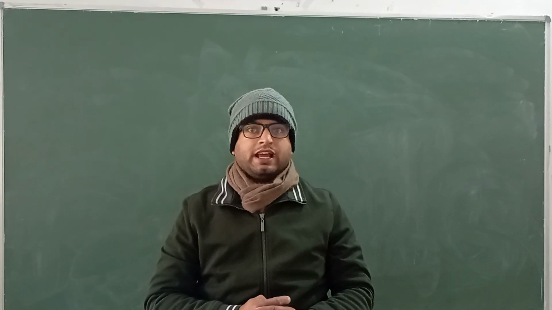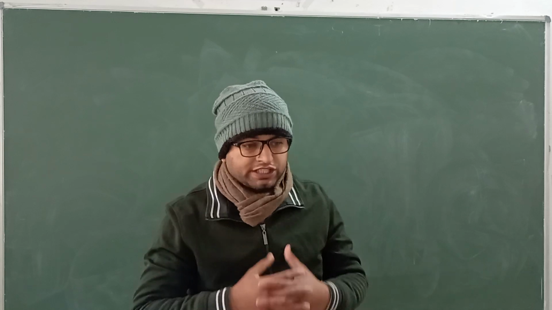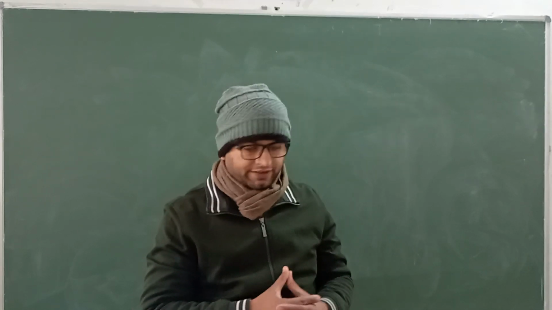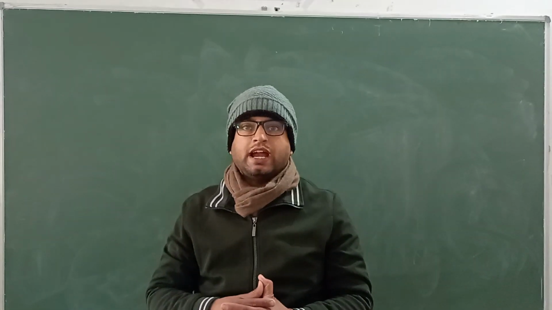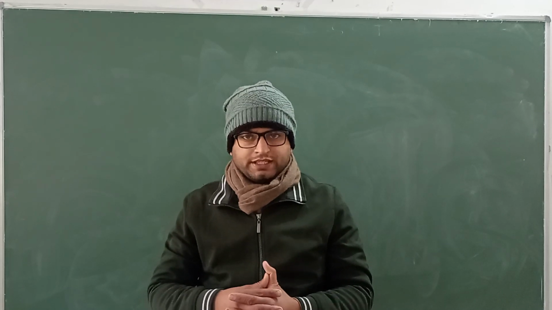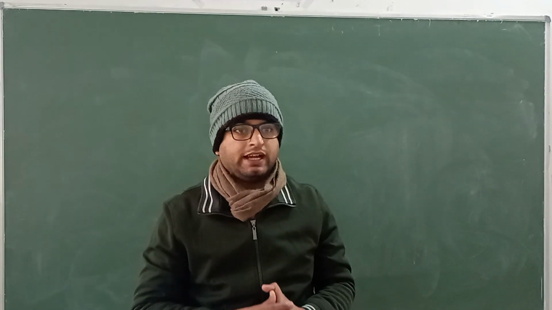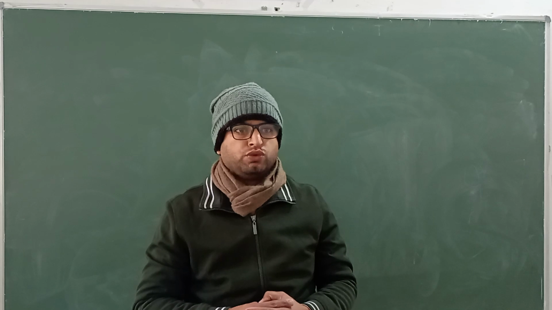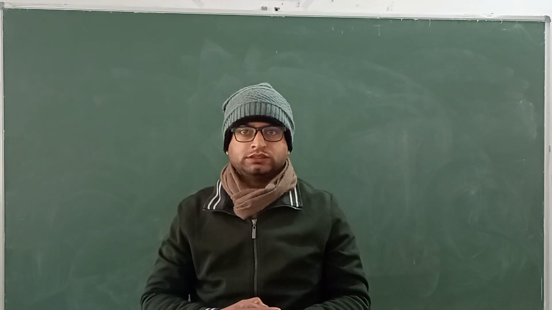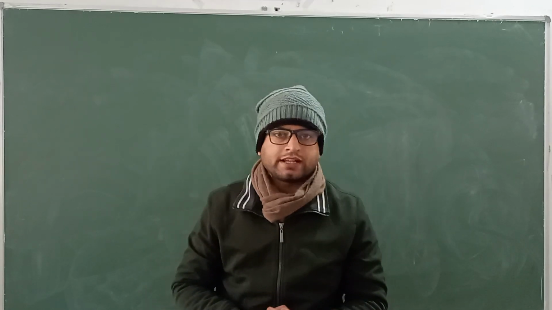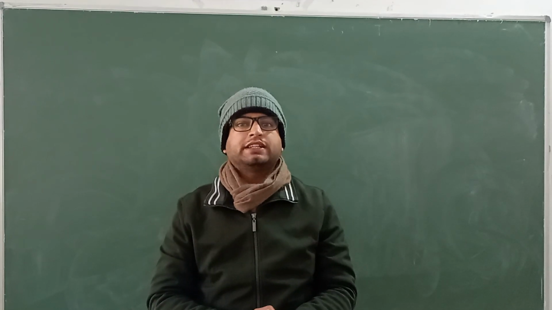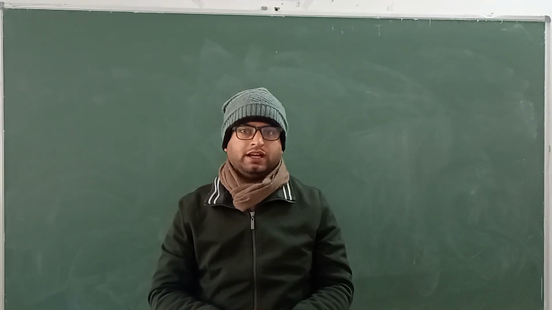In the eastern hemisphere, we lie at 68 degree 7 minutes east and on the easternmost side at 97 degree 25 minutes east. So these are the 4 points which define the physical boundary of India.